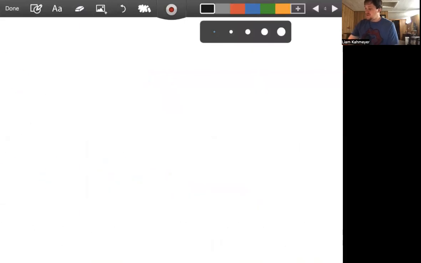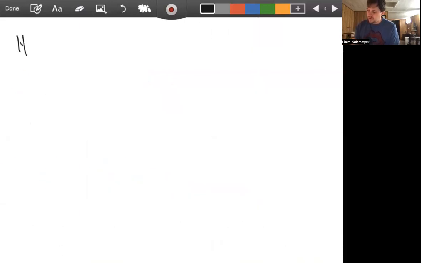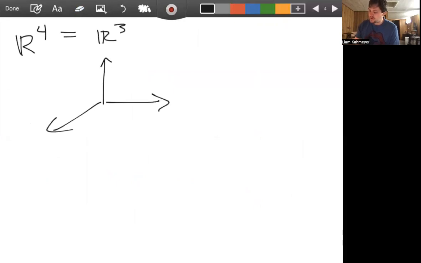Okay. So what about R4, right? Well, for R4, we would have to try to picture this as R3 cross R. We would need to think about, well, we have three-dimensional space, and then we need something perpendicular to all three of these, right?